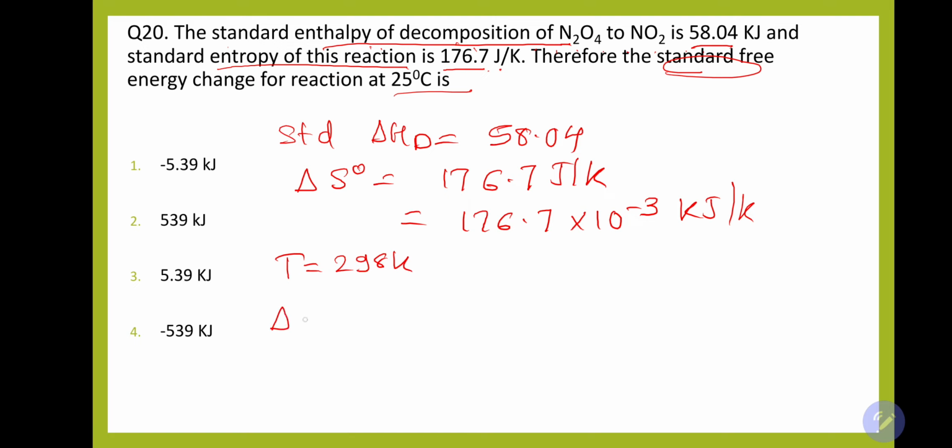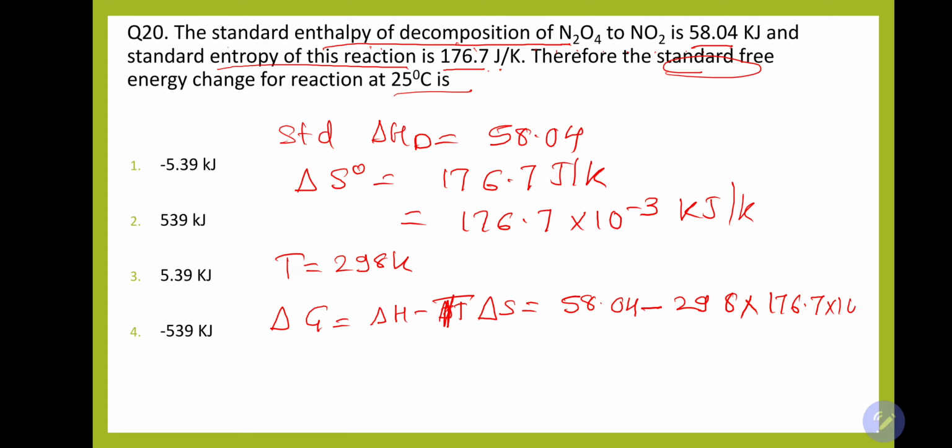So what is change in free energy? Delta G is equal to delta H minus T delta S, which is 58.04 minus 298 into 176.7 into 10 raised to minus 3, which is equal to 58.04 minus 52.65, which is equal to 5.39 kilojoules.